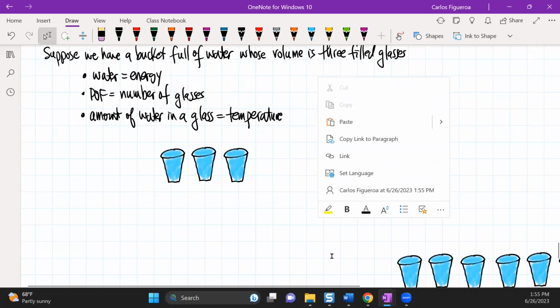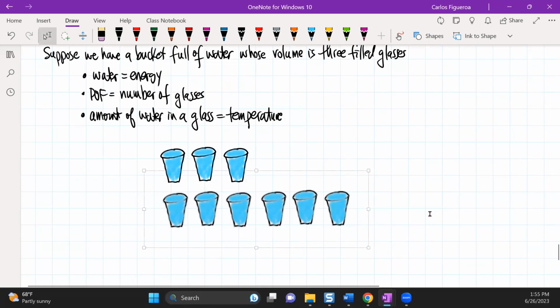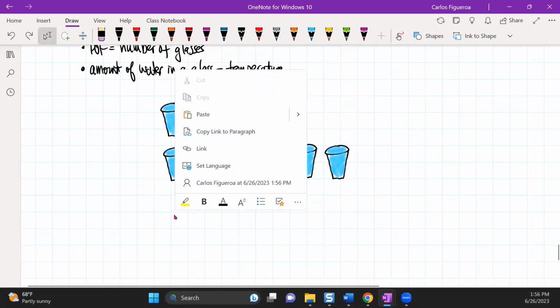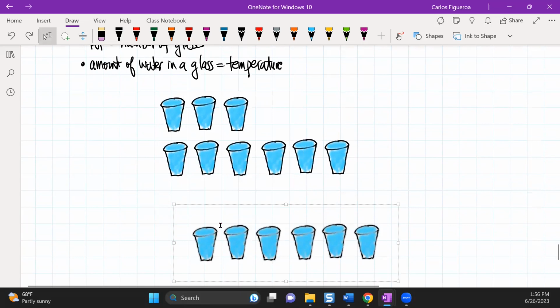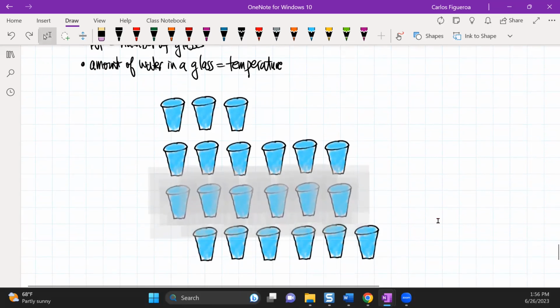Oh, what just happened? Let me go back here. Let me see if I can copy these now. My computer is really slowing down. Okay, I'm almost set here. So now I got to multiply all these.